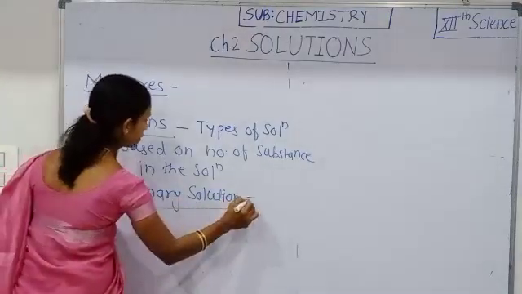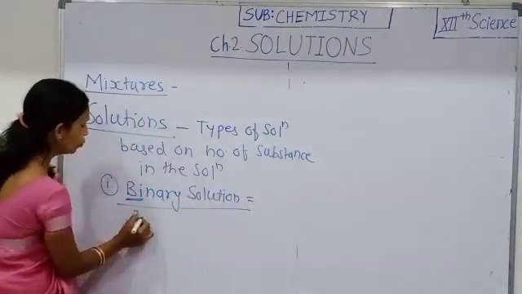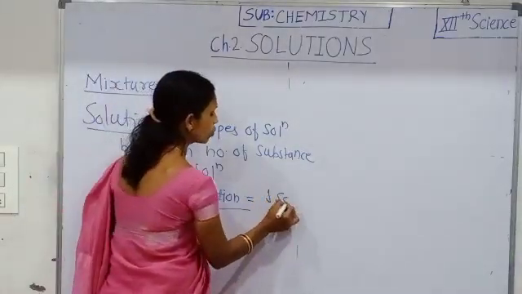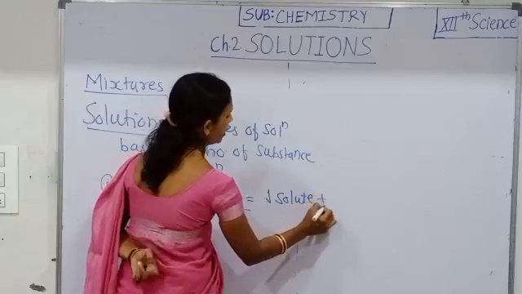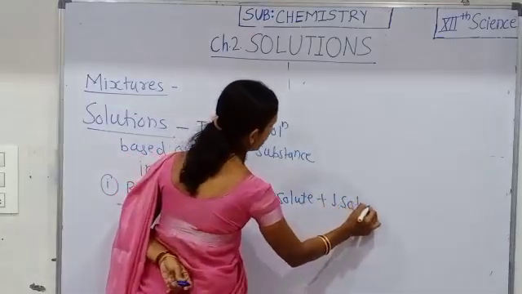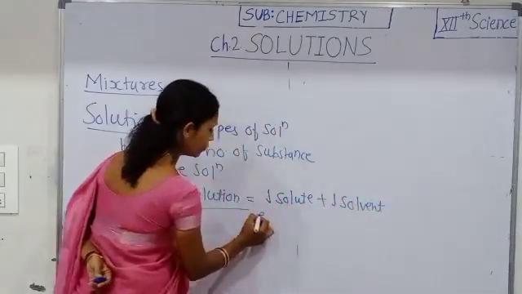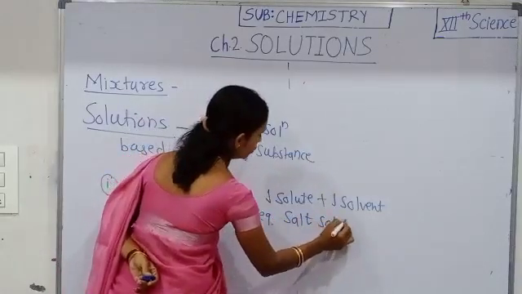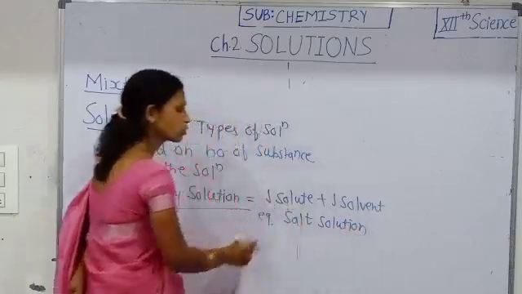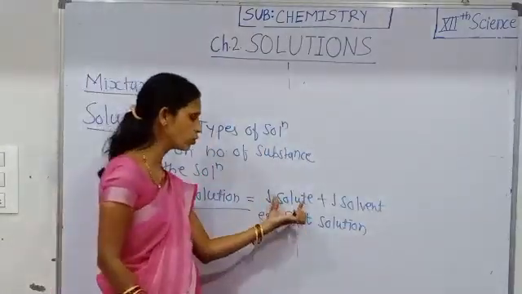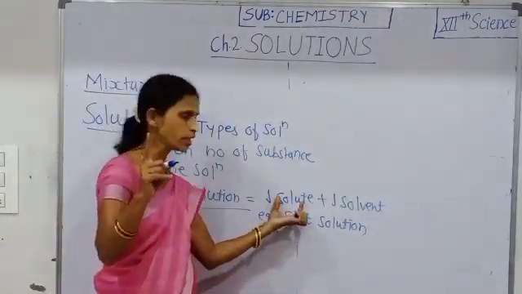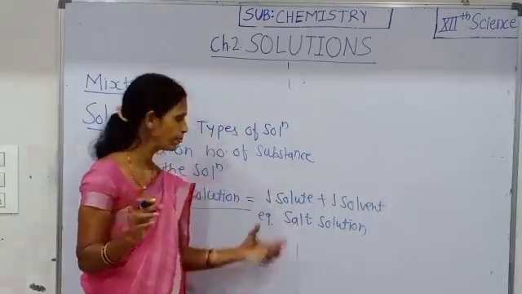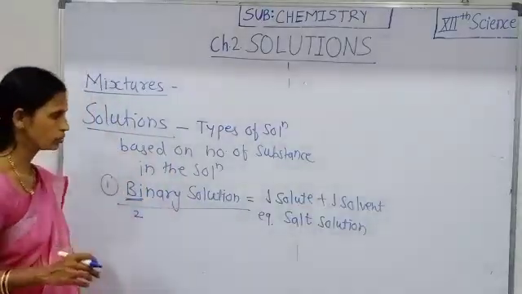The name itself indicates that bi means two. A binary solution has only one solute and one solvent. For example, an aqueous solution of salt, in which salt is the only solute and water is the one solvent. Therefore it is a binary solution.